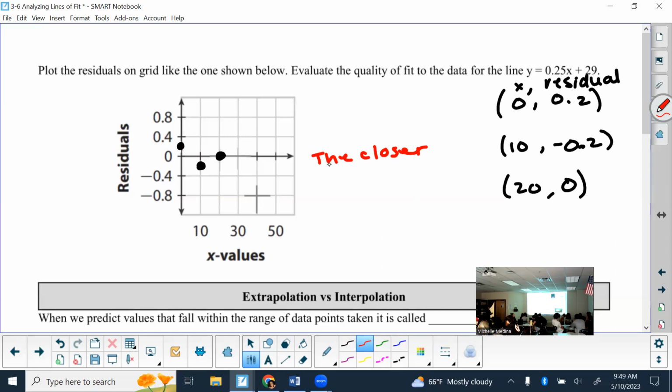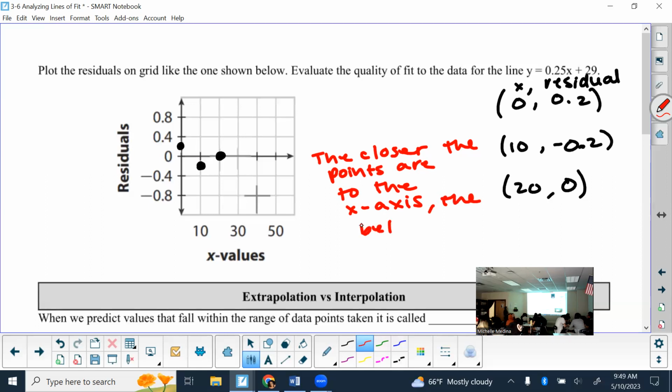But what we're looking for is the closer the points are to the x-axis. So I would write this down. The closer the points are to the x-axis, the better the line of fit. And that's only referring to residual plots.